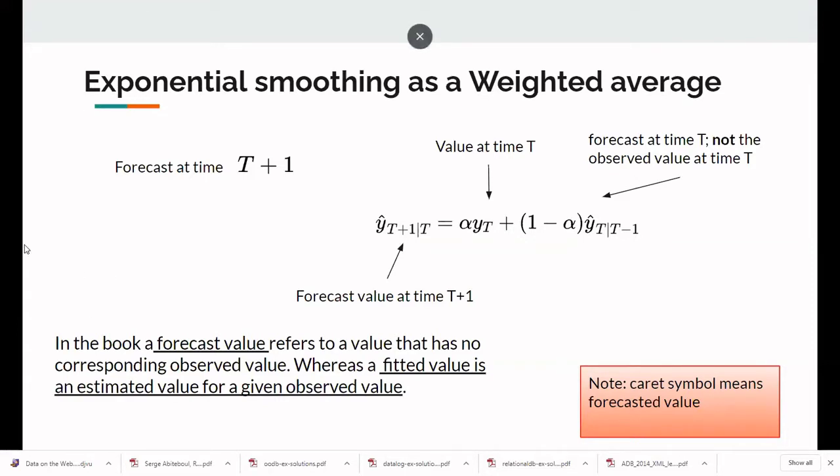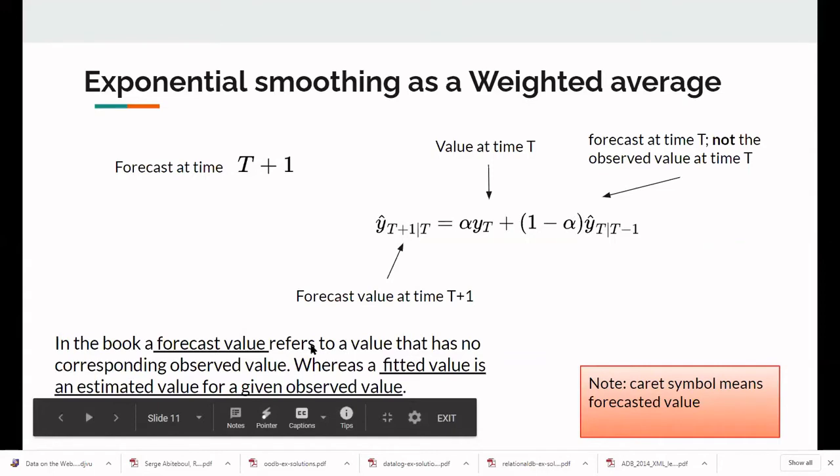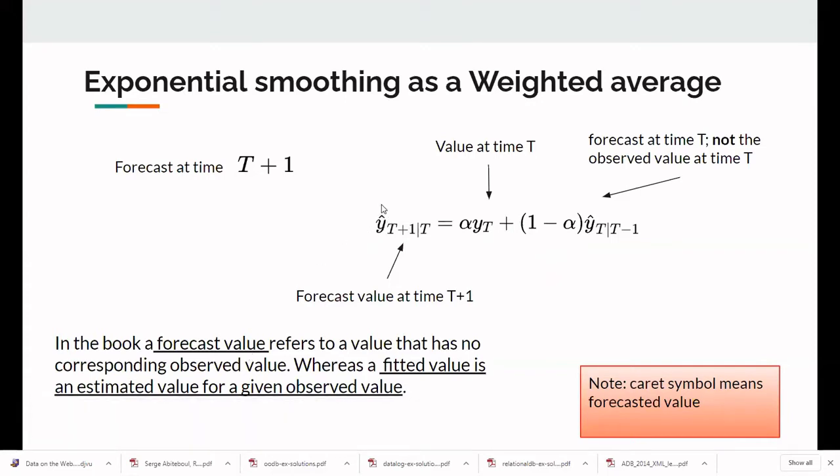So that's why I say here that in the book, a forecast value refers to a value that has no corresponding observed value. Always remember that. And that is always denoted by caret symbol. Whereas if it is a fitted value, it means that it has an observed value. If you have a forecasted value and there is an observed value, that forecasted value now becomes what we call a fitted value.